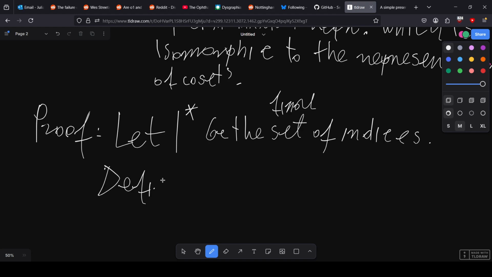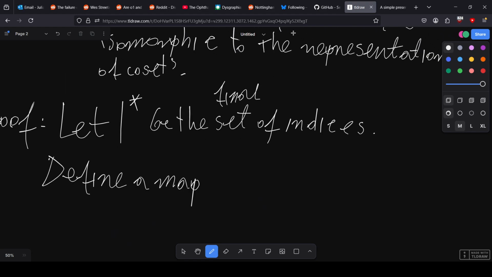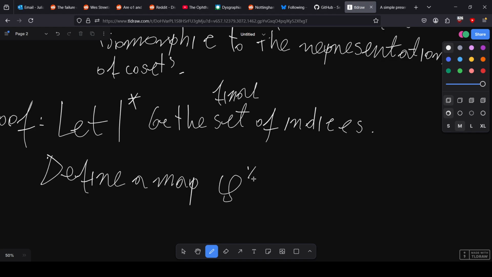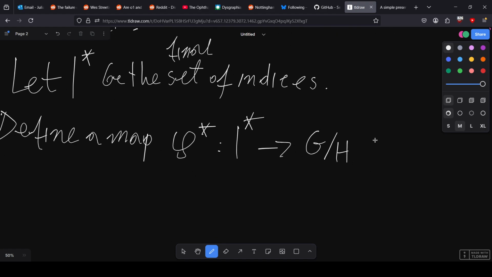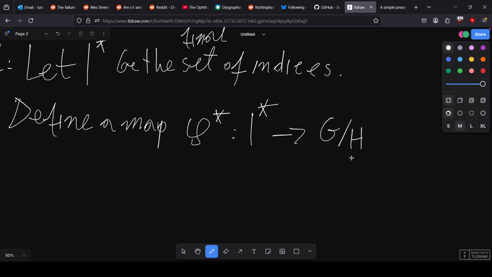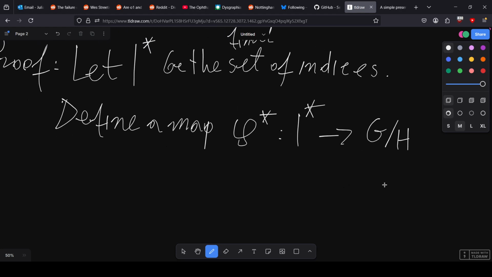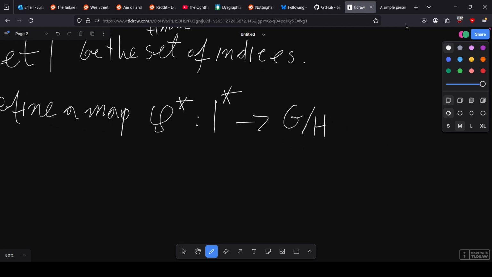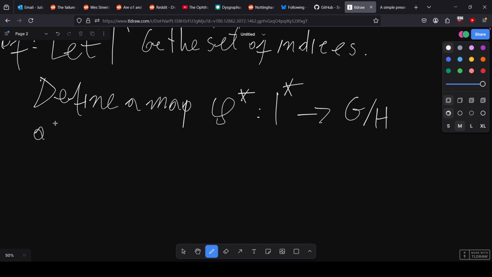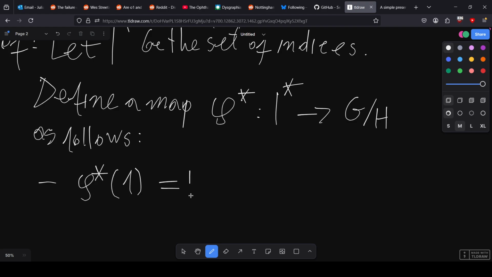We define a map phi star from I star into the set of cosets that, as earlier, I will be denoting as G quotient H, despite the fact that a proper quotient doesn't exist. This is done inductively. So, first of all, phi star of 1 will be H.